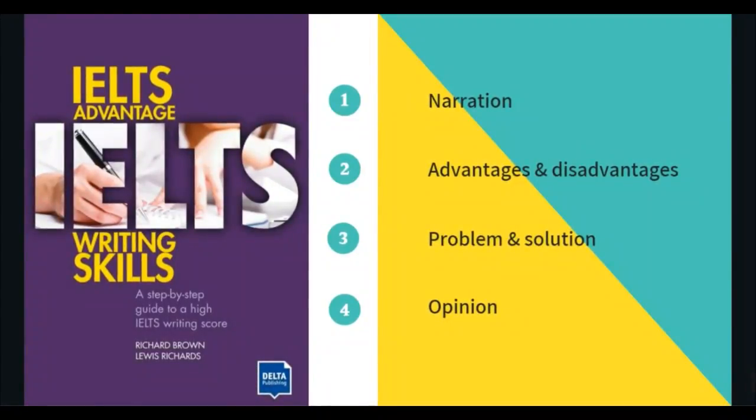The types of essay which are discussed here are narration, advantages and disadvantages, problem and solution, and opinion. We see that from these 3 sources there are some similar and common categories, such as compare and contrast, cause and effect, and other types of essay development.